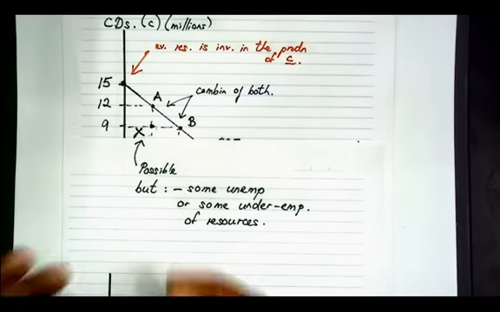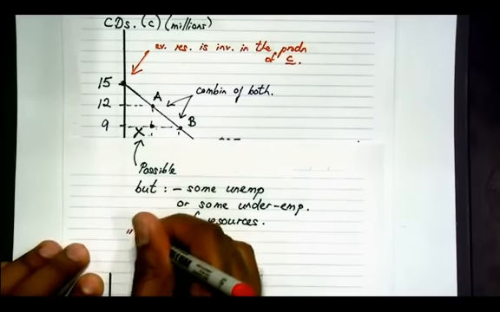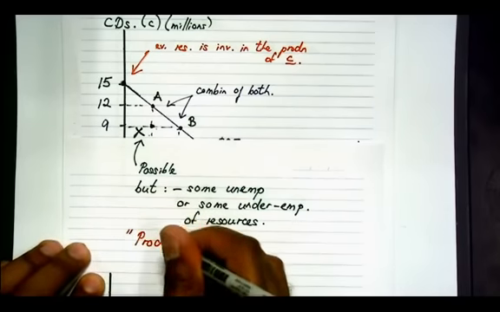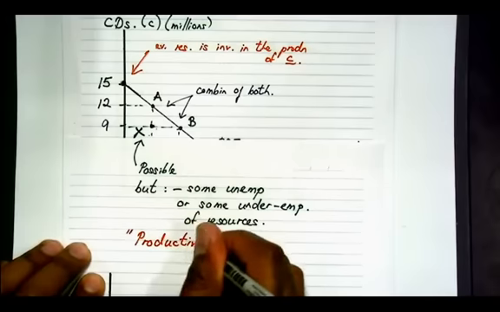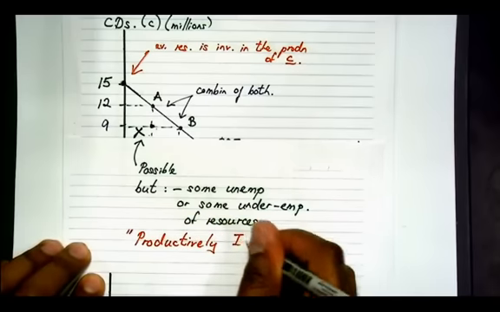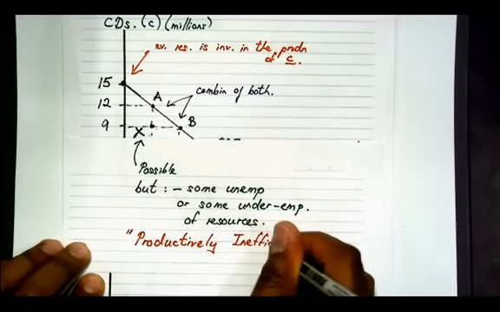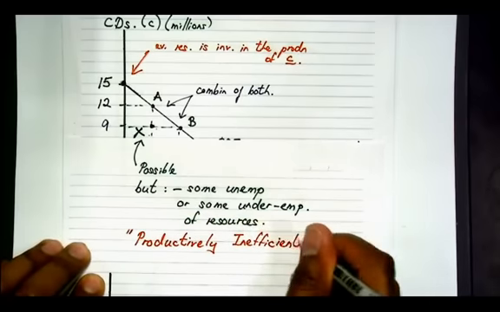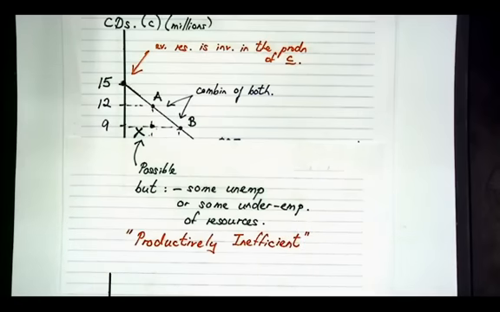Now, this is terminology. If we have a combination like X, we use the term productively inefficient, which we have on page 16 in your slides.